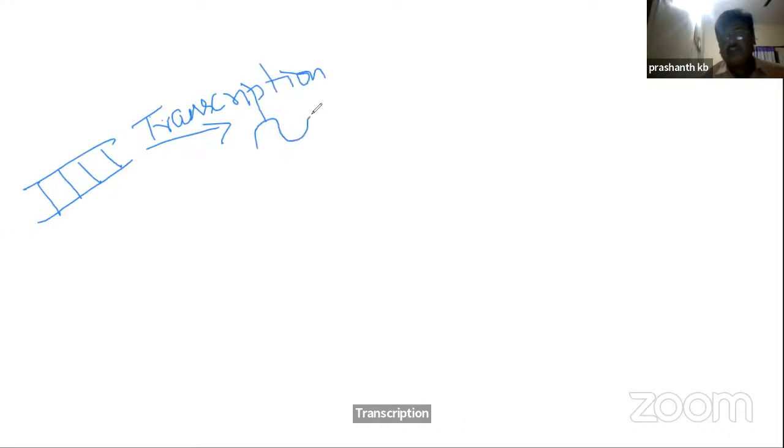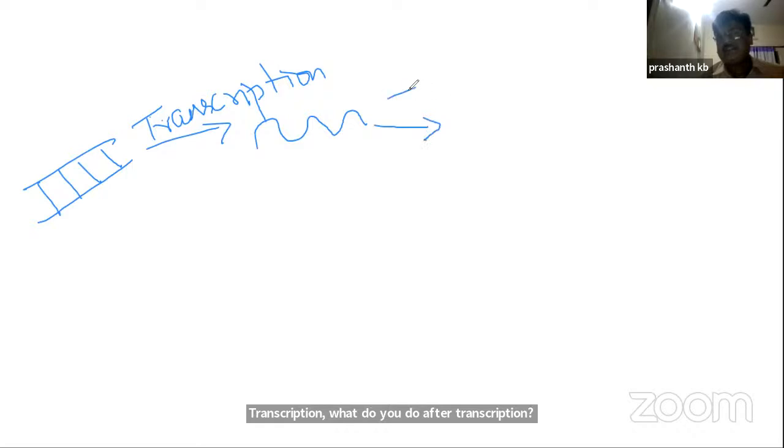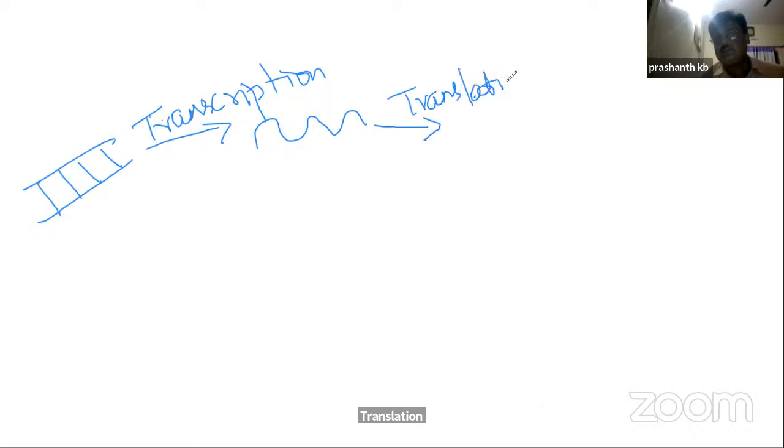What will it produce after transcription? It will produce RNA. Then it will undergo translation, or protein synthesis. Translation process. What will it produce? Protein chain or amino acid chain we call. Okay. This is central dogma, in simple words.